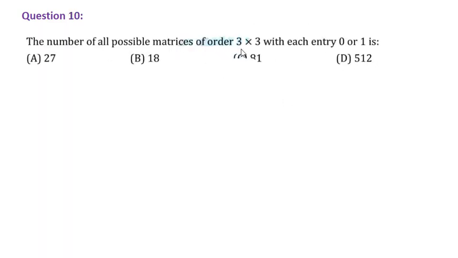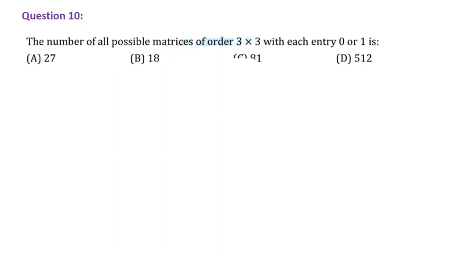Now question number 10. The number of all possible matrices of the order 3 into 3 with each entry 0 or 1. Right? Means each entry can be 0 or 1. So what are the different possible ways? Total 3 into 3, that is 9 elements, and each element has 2 options.